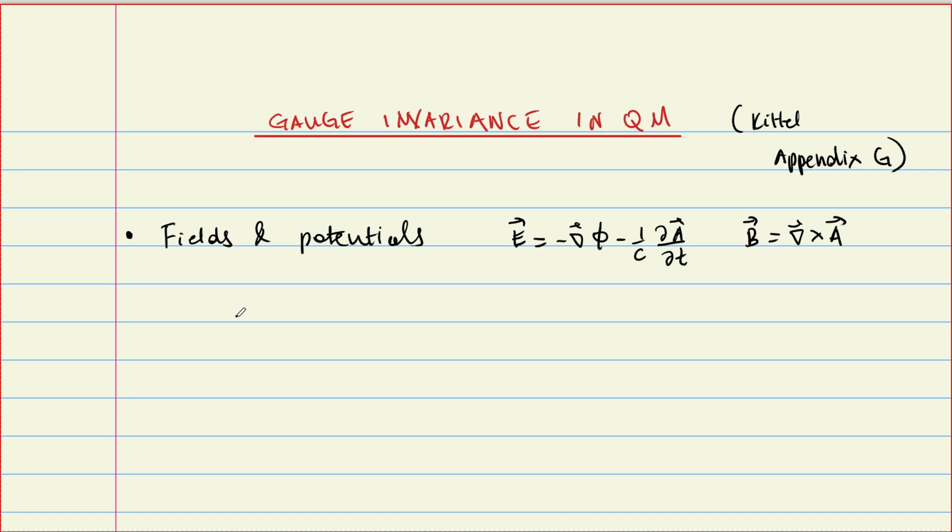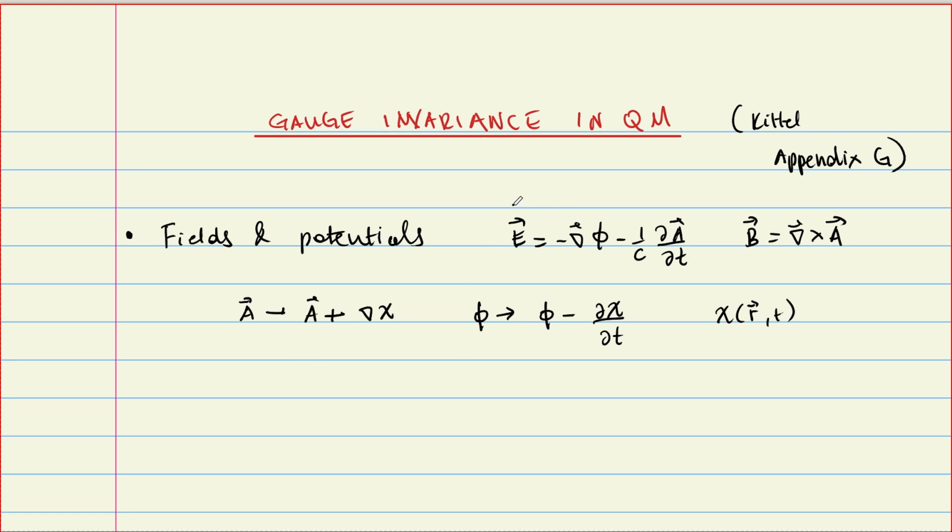And by gauge invariance, what I mean is take A and change it to A plus the gradient of a function, and take phi and change it to phi minus the time derivative of the same function. Here I don't write the arguments, but chi is a function of position and time, possibly.